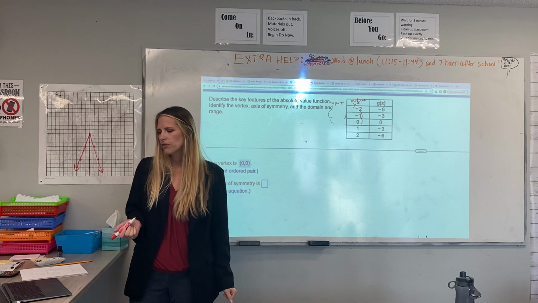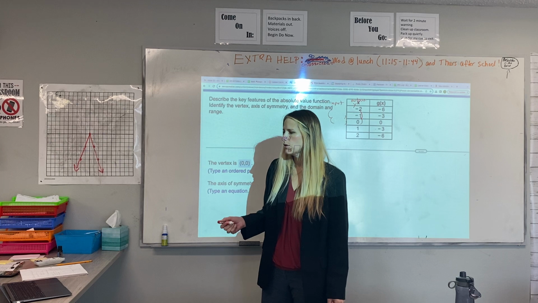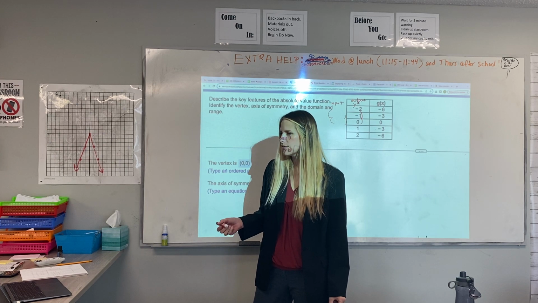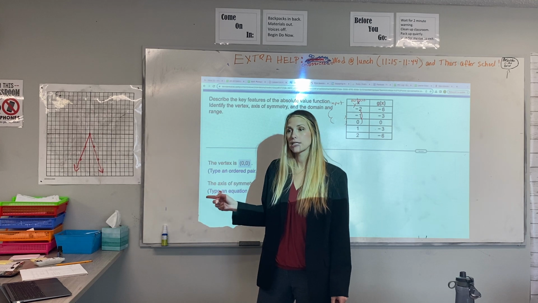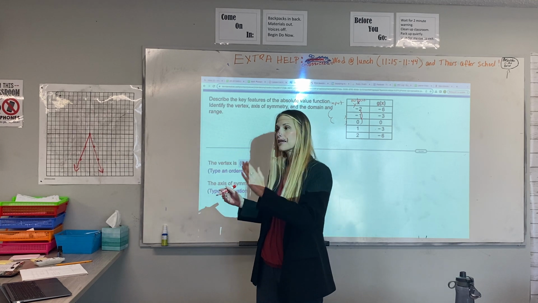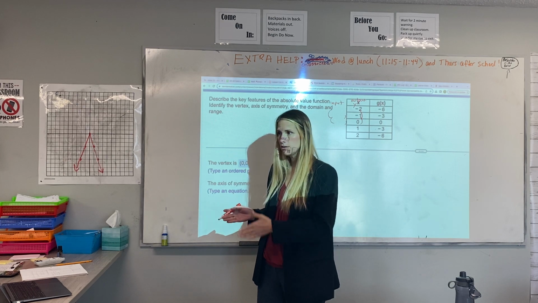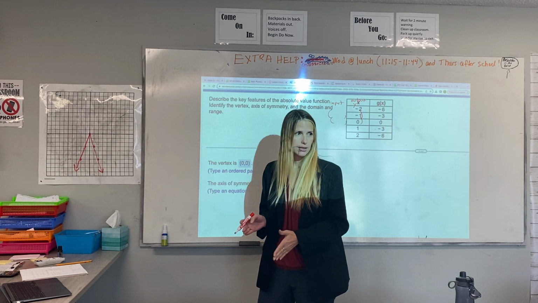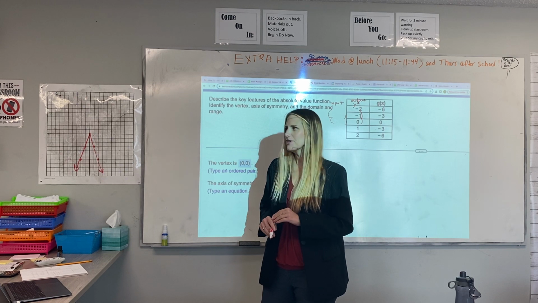All right, so now it's asking for the axis of symmetry. Let's look at our graph. What is the axis of symmetry? So that's the vertex, and you're on the right track because the axis of symmetry is going to be the line that goes through the vertex, right? Or x equals 0.